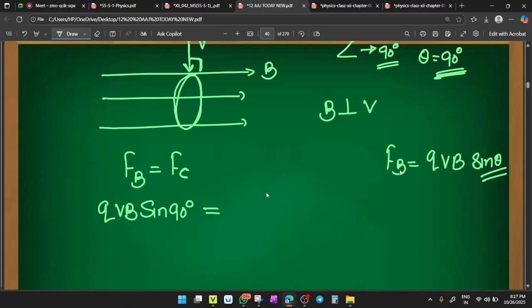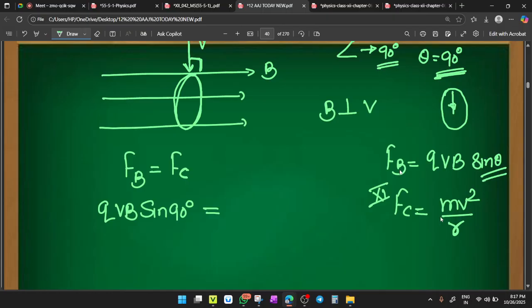And what is the centripetal force? Without centripetal force, you cannot imagine circular motion. So the centripetal force is provided by the magnetic force. But what is the amount of centripetal force? It is equal to mv square by r. My dear, remember these concepts of class 11th.